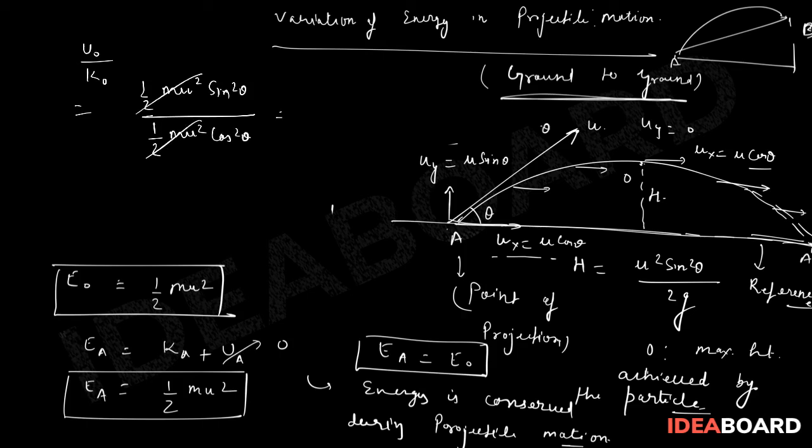So half m u square is cancelled out. Sine square theta upon cos square theta is nothing else but tan square theta. So at the topmost point, the ratio of potential energy and kinetic energy is also known, which is tan square theta simply. Okay. So yeah, we can do the energy analysis now for any point.